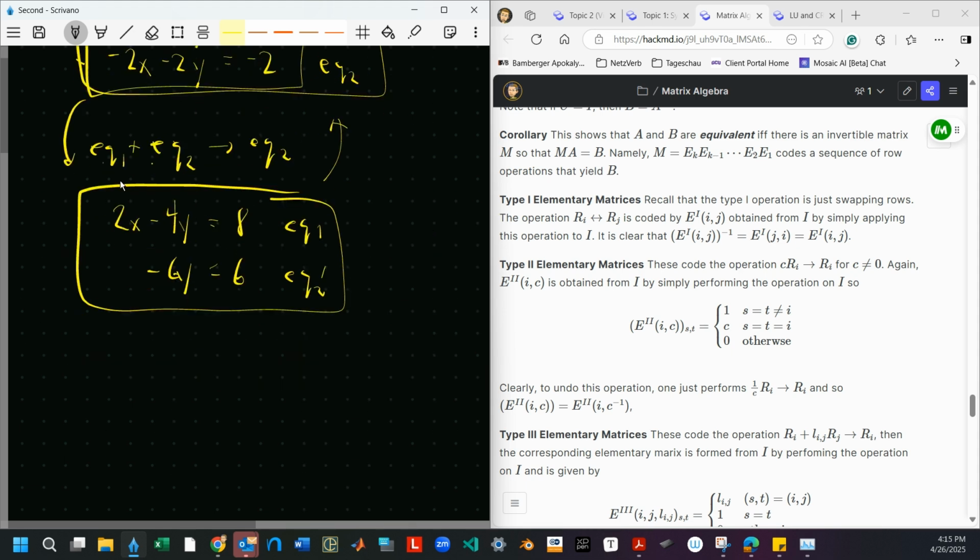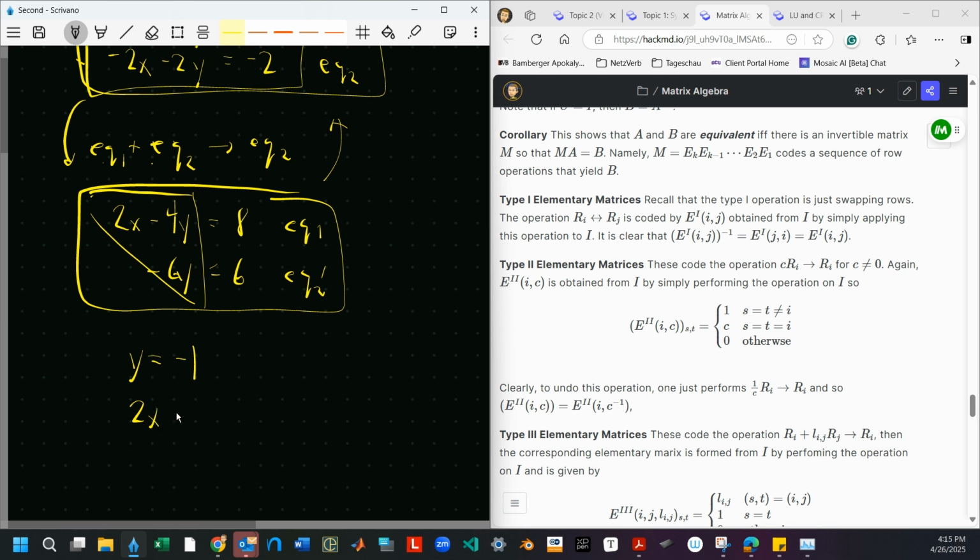Now, once I've done this, this has a particularly nice form. This is kind of a triangular matrix like that. And once we get to a triangular matrix, we use what's called back substitution, right? So here I've got minus 6y equals minus 6. So I can just now solve for y, right? y equals minus 1. And once I have y equals minus 1, I can plug that in here.